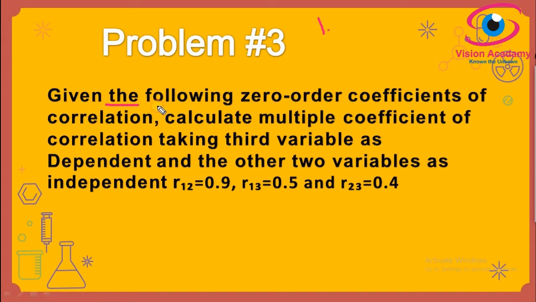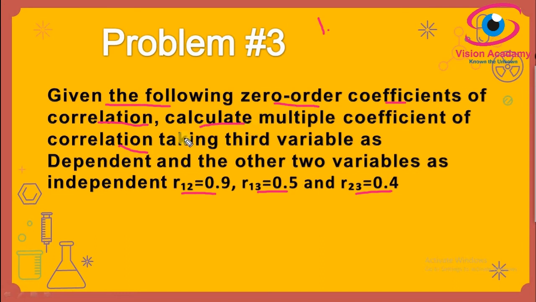Here are the given zero order coefficients of correlation: R12 is 0.9, R13 is 0.5 and R23 is 0.4. These are zero order coefficients of correlation. Using these we need to calculate the multiple correlation coefficient.